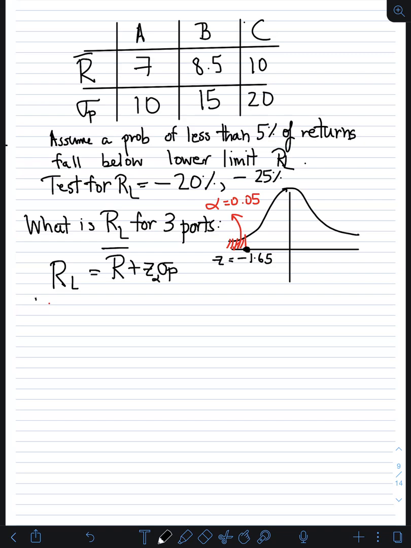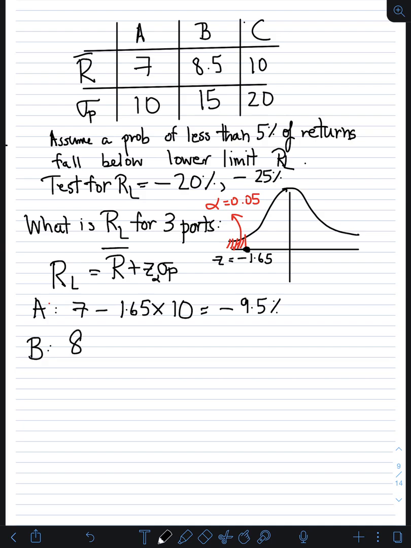So let's look at portfolio A. What's our R bar for portfolio A? 7, right? So we have 7 minus 1.65 times the standard deviation of A, which is 10. Okay, 7 minus 1.65 times 10 will come out to minus 9.5%. Okay, for portfolio B, we do the same thing.